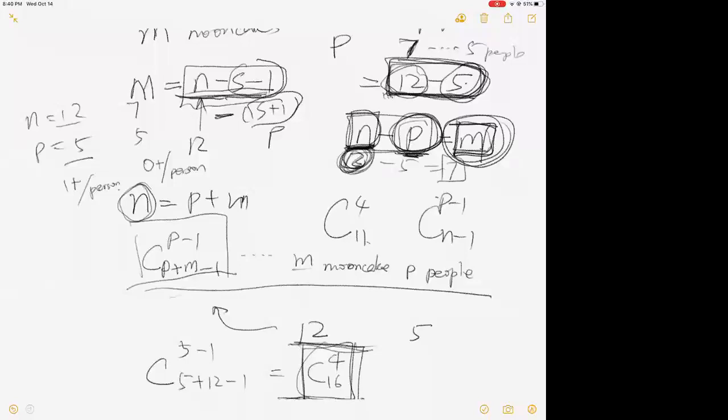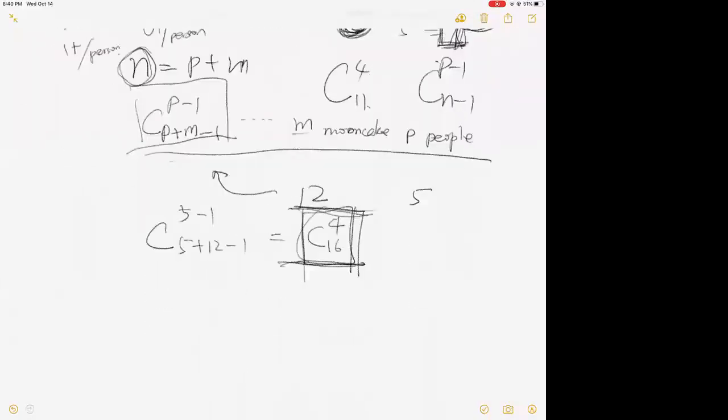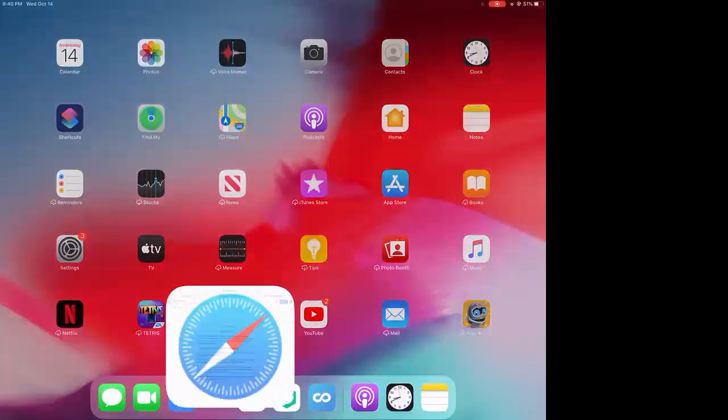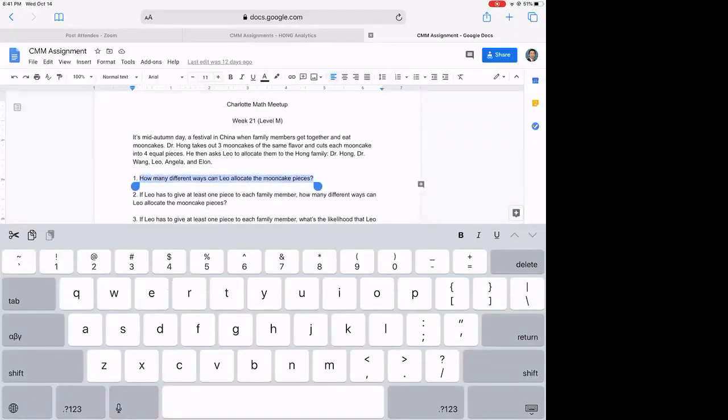Oh, okay. All right. So basically, these 7 are to be allocated so that people may or may not get any of them. And then if you go back to problem number 1, I said it's 12 pieces to 5 people. I didn't add any constraint. I didn't say everyone will have at least 1. Look at problem number 1. There's no constraint. I just say how many different ways can Leo allocate these mooncakes, right?